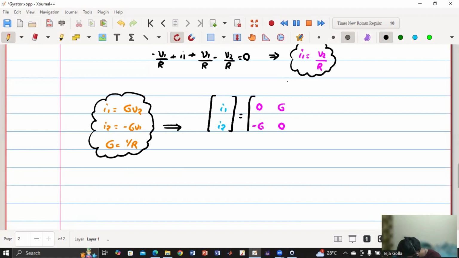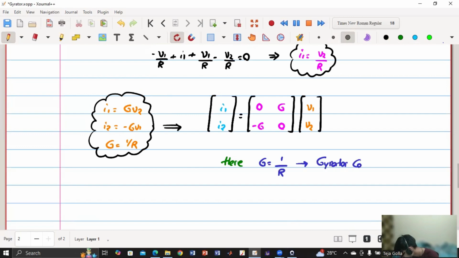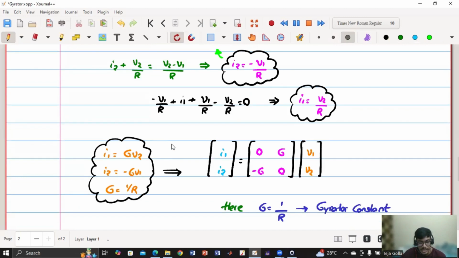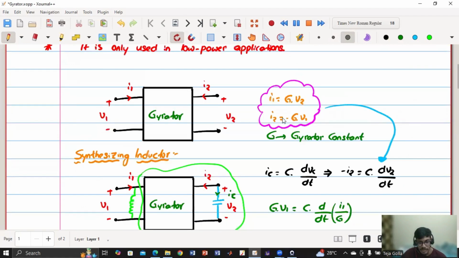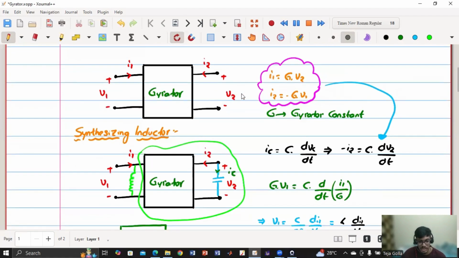So this is V1, V2. Here G is equal to 1 by R, which is the gyrator function. So here we have seen how that gyrator circuit is acting like this, and how we are getting this current and voltage relationship from the circuit.